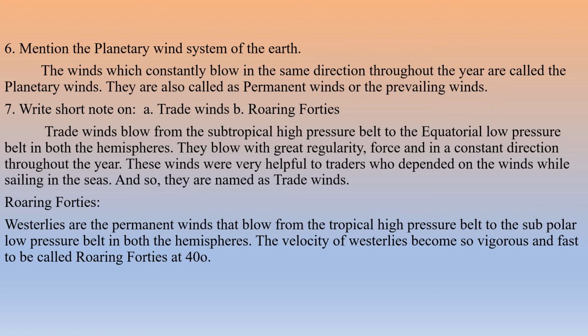They blow with great regularity, force and in a constant direction throughout the year. Yes, it is very regular, having some force and a constant direction, in the same direction throughout the year. These winds are very useful for the traders who depended on the winds while sailing.